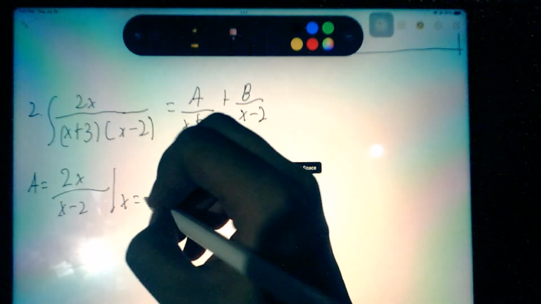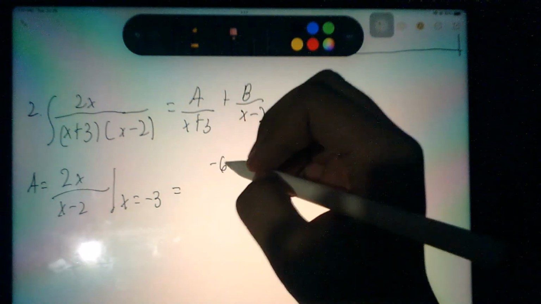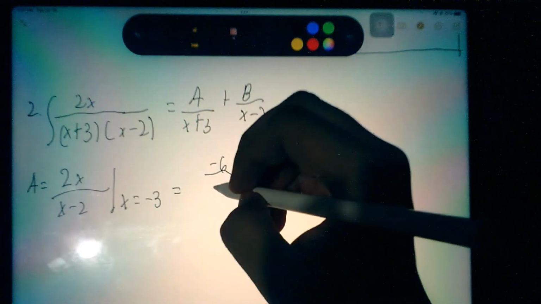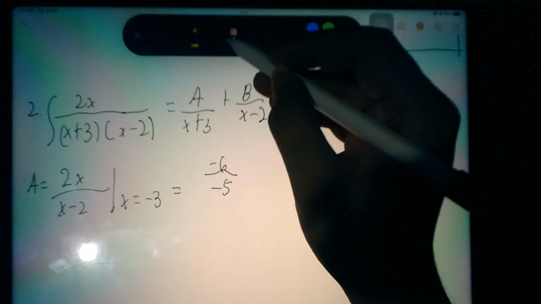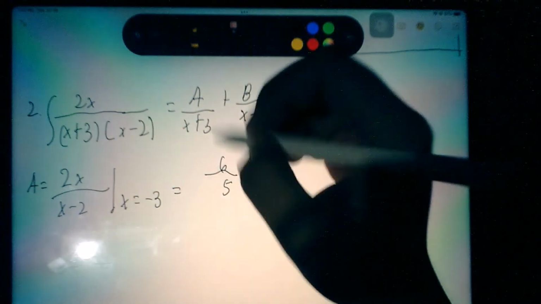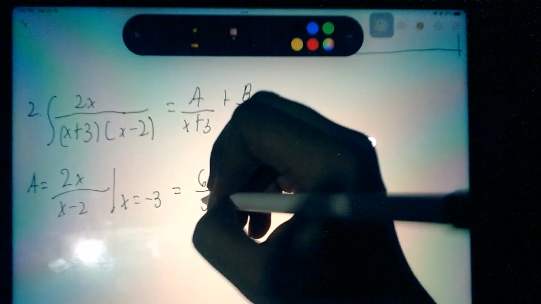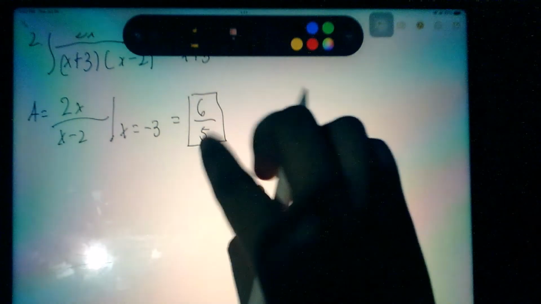So let's do that, negative 3. This will become 2 times negative 3, which is negative 6, over negative 3 minus 2, which is negative 5. By simplifying, our answer will be positive 6 over 5. So 6 over 5 is the value of a.